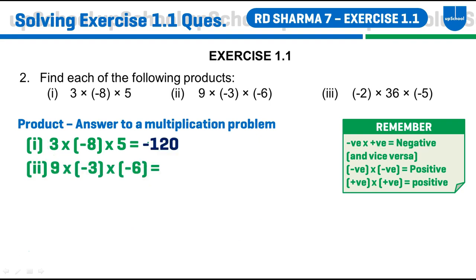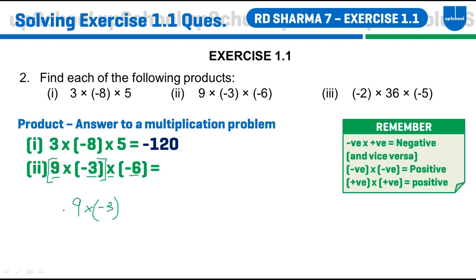So yes. Now let's move on to the second sub-question. 9 times negative 3 times negative 6. So let's break it up into chunks. First, let's do 9 times negative 3, and I'll multiply the answer to this times negative 6. So 9 times negative 3.